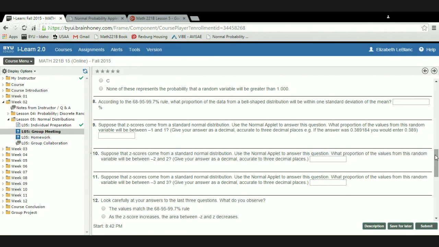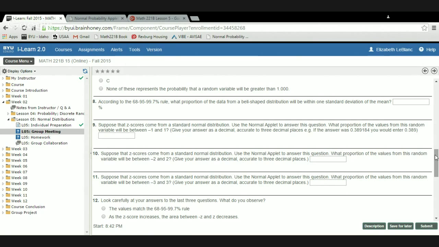Okay, so 8 says according to the 68, 95, 97.7 rule, what portion of the data from a bell-shaped distribution will be within one standard deviation of the mean? I think that's 68%. Hold on.